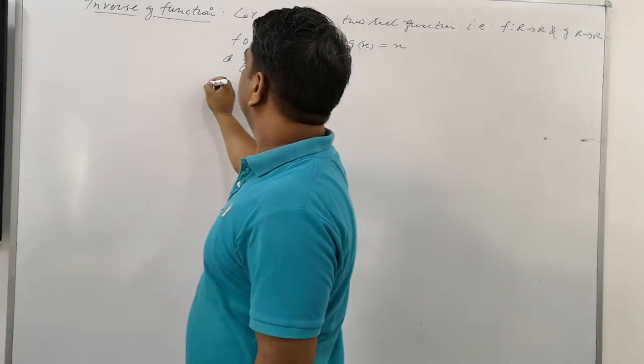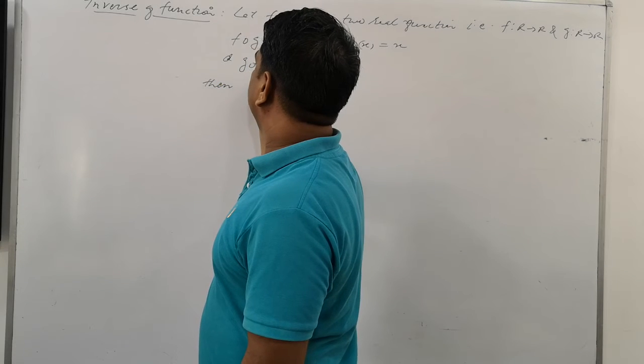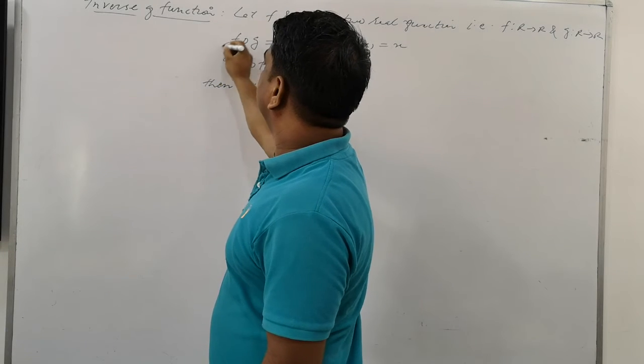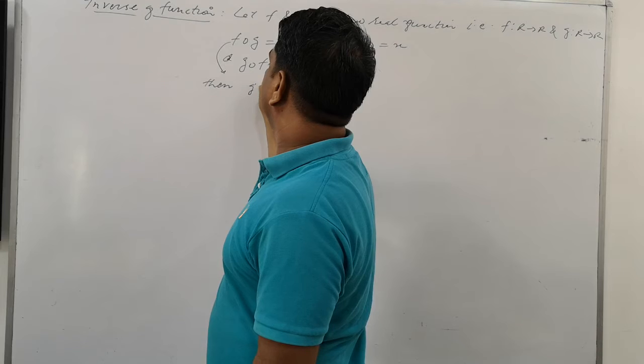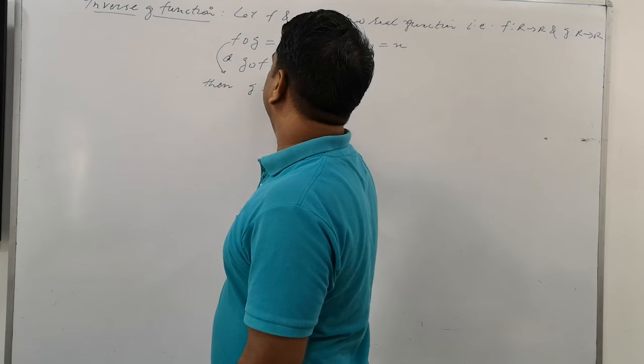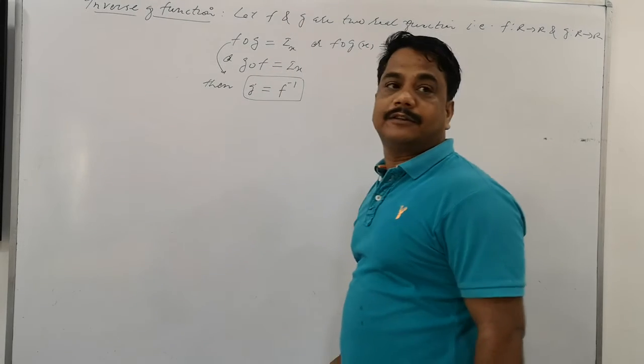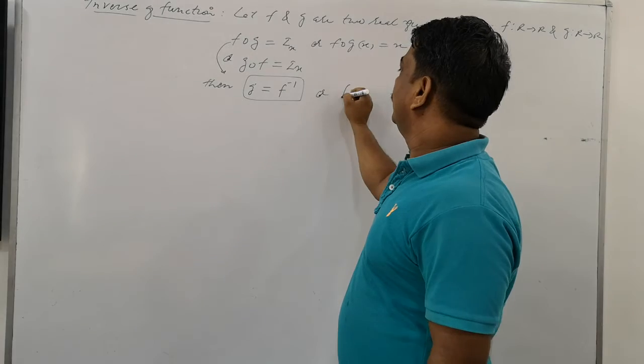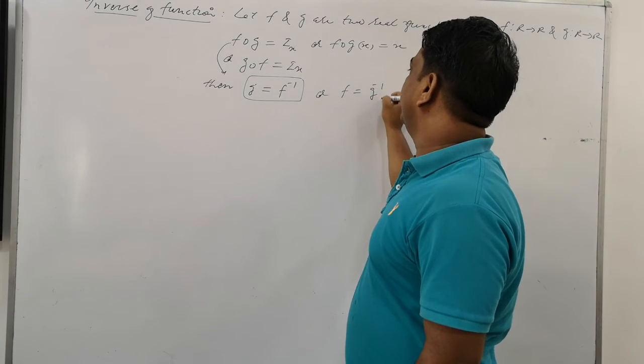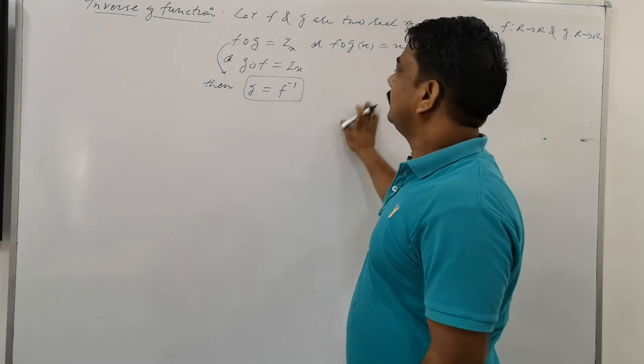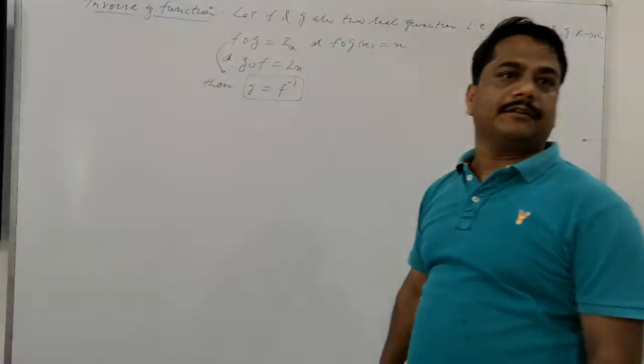Then in this case, g is equal to f inverse. It means g is called the inverse of f, or f is equal to g inverse. Is that clear? So g is the inverse of f.